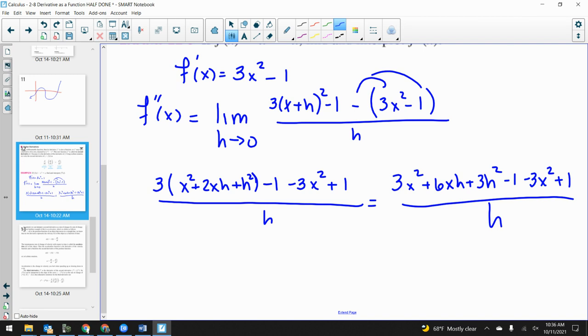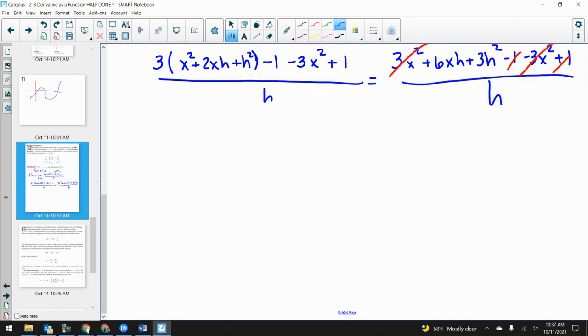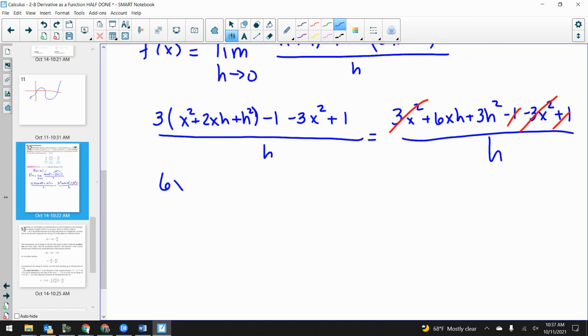Okay, let's start canceling. So long, goodbye. Those ones go. So this is 6xh plus 3h squared all over h. What do I do with my h's? They go bye-bye.